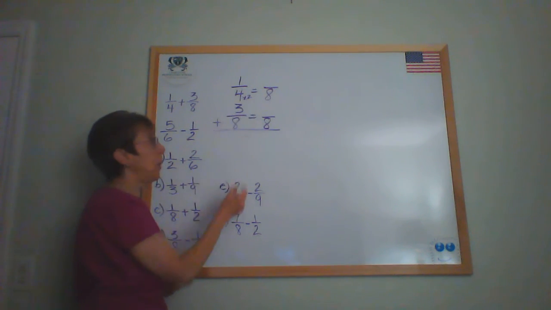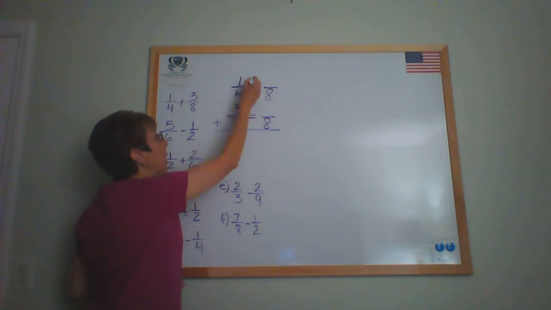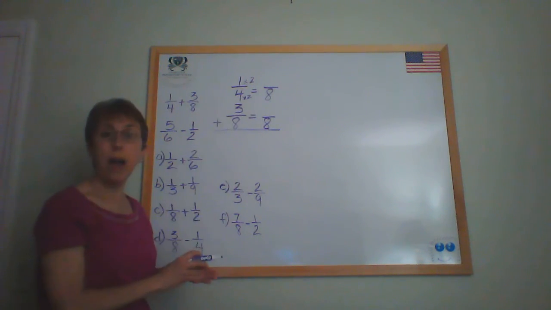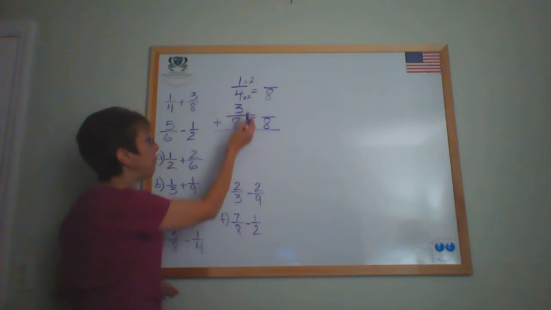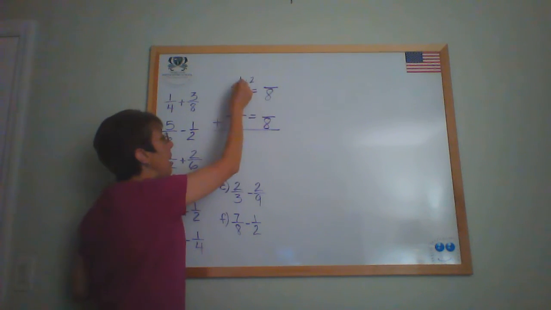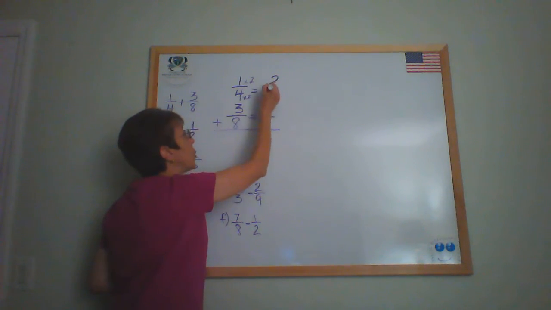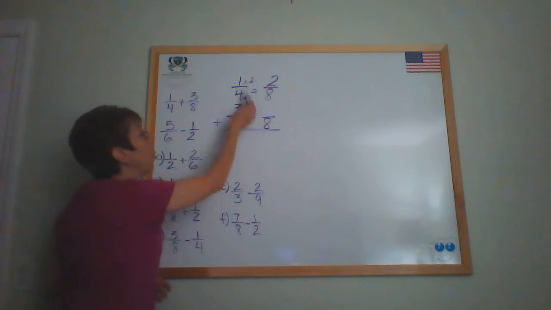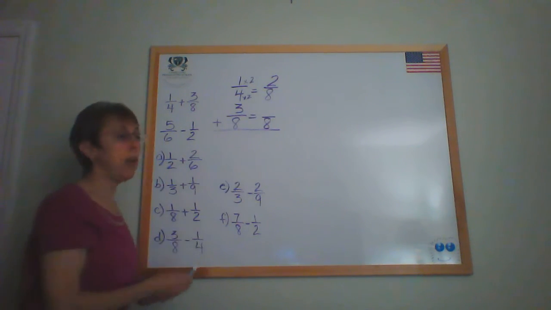We multiply by 2, which means we'll multiply the numerator by 2. Again, you have that 2/2, that fraction named for 1. So to change fourths to eighths, we would multiply by 2. So 4 times 2 equals 8, and 1 times 2 equals 2. So 1/4 is equal to 2/8.